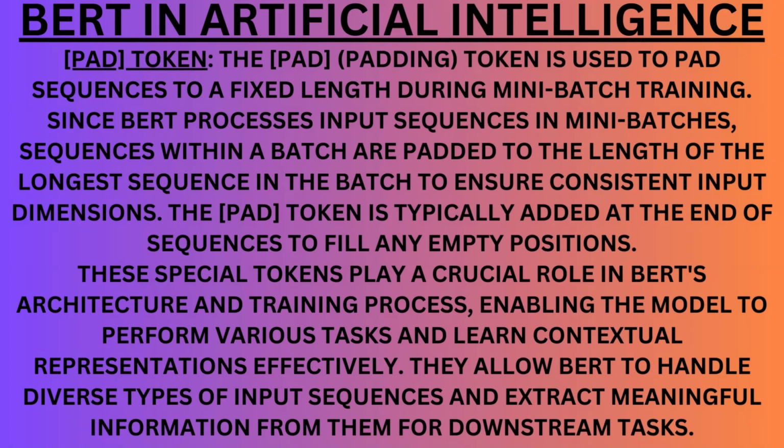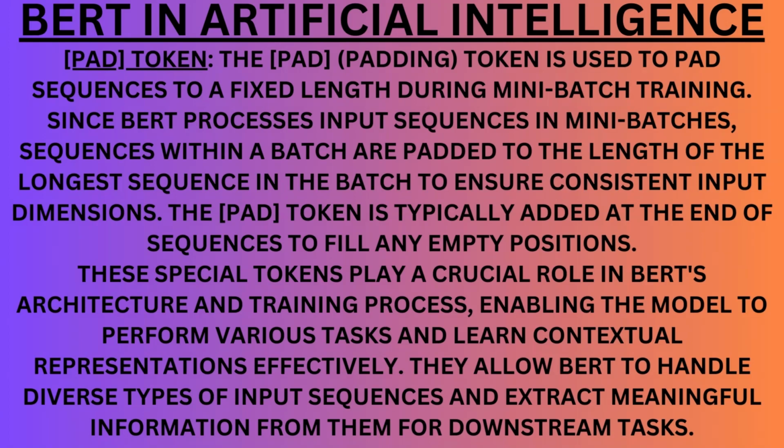Since BERT processes input sequences in mini batches, sequences within a batch are padded to the length of the longest sequence in the batch to ensure consistent input dimensions. The pad token is typically added at the end of sequences to fill any empty positions.